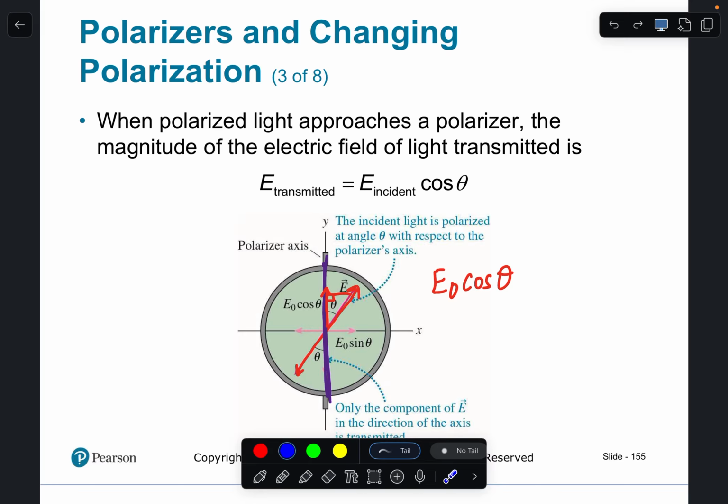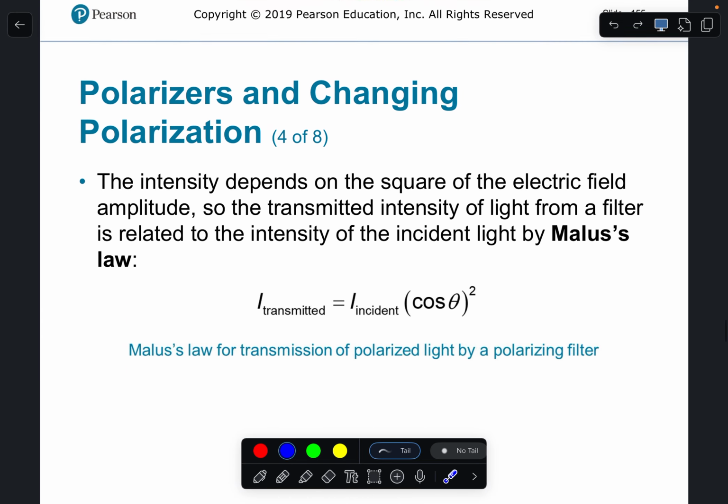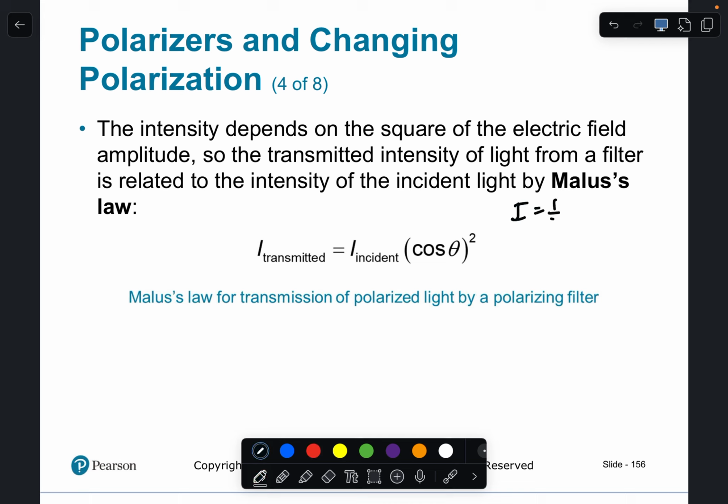The intensity decreases because intensity is one half epsilon naught c E squared, so intensity is proportional to the square of the electric field magnitude. And so that means that the incident light that's transmitted past the polarizer is going to get smaller. It's going to reduce in intensity by a cosine squared.